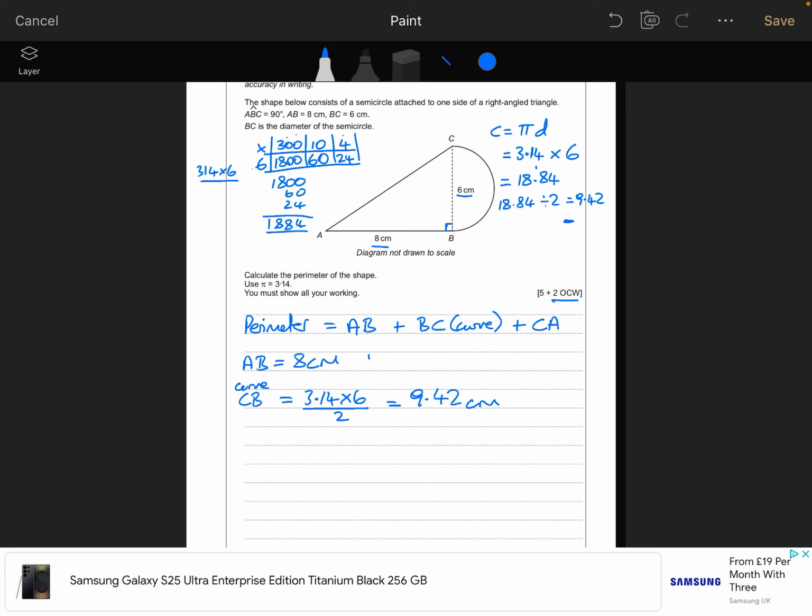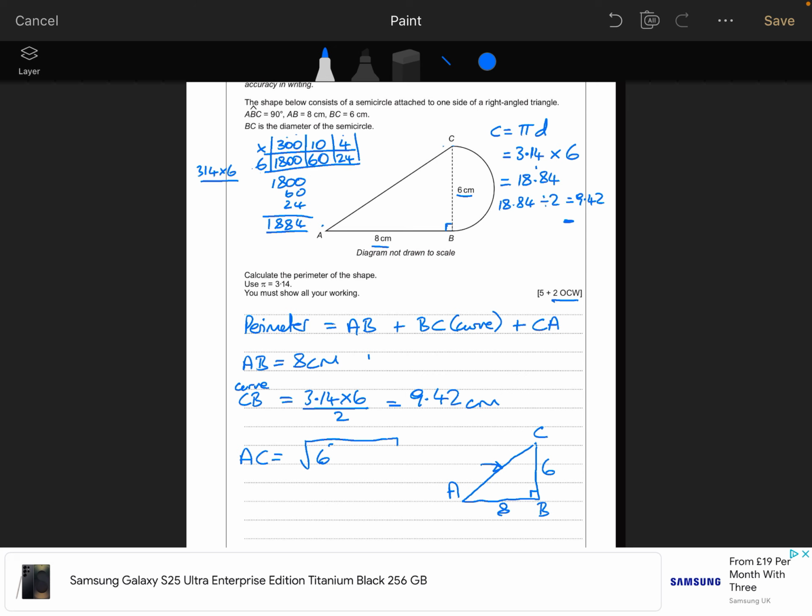The final bit I've got to work out is the length AC. Now AC is part of a triangle, isn't it? So if I draw a little diagram here, and I say A, C, and B is here, it's a right angle triangle. I know that that's 8 and that's 6, so I should be able to use Pythagoras to work out what that side there, AC, is. So AC is the square root of the sum of the two others squared.